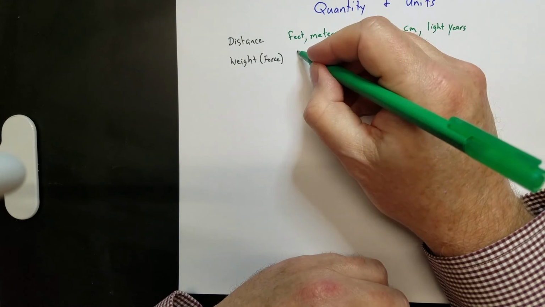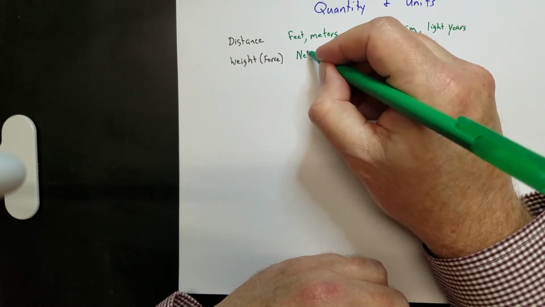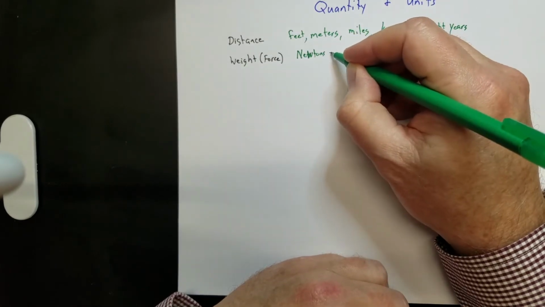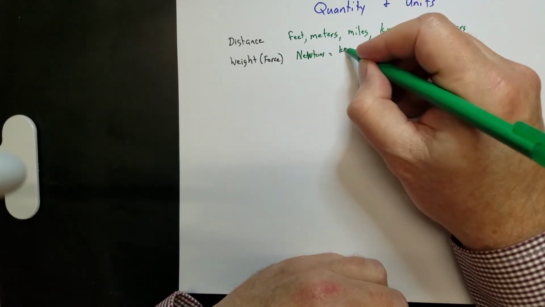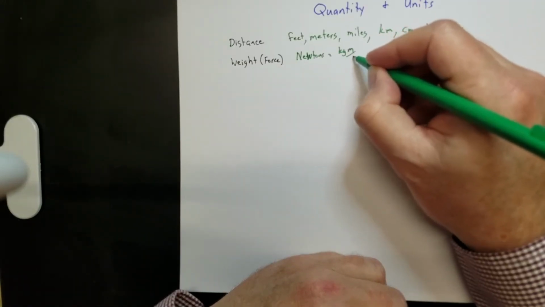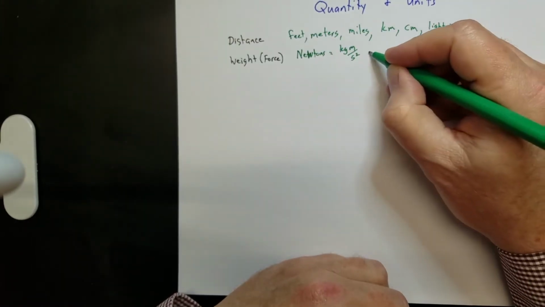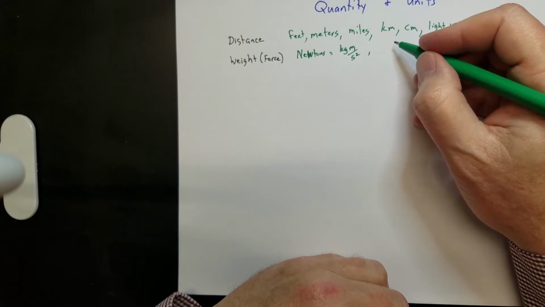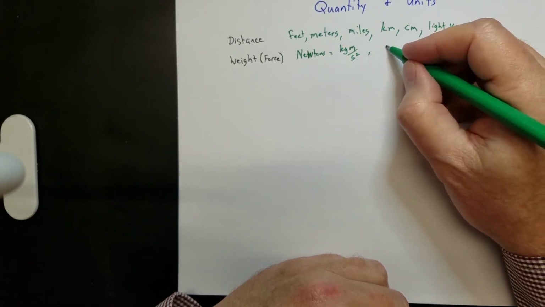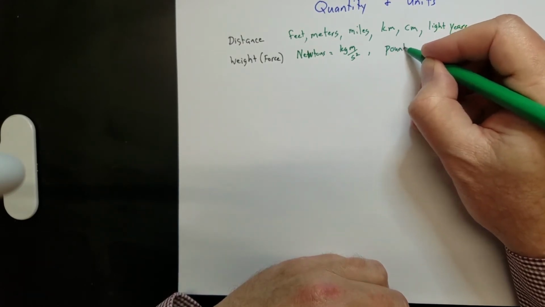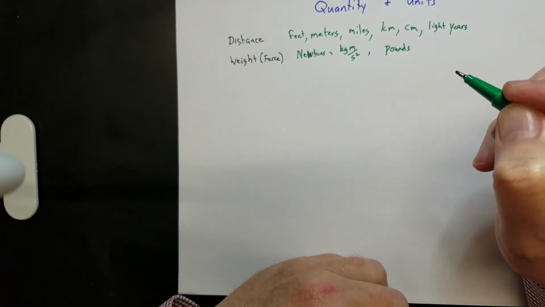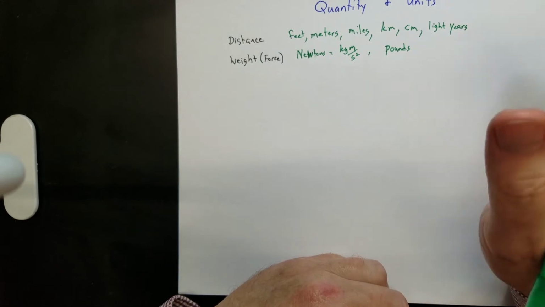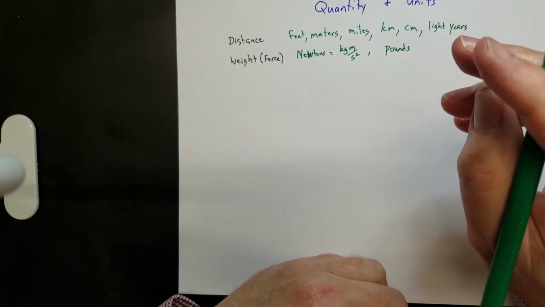In the metric system, that's measured in newtons. And a newton is a kilogram meter per second squared. In the English system, or imperial system, whichever you prefer, we call them pounds. We're going to mostly stick with metric system units because that's what we're going to use all the time.